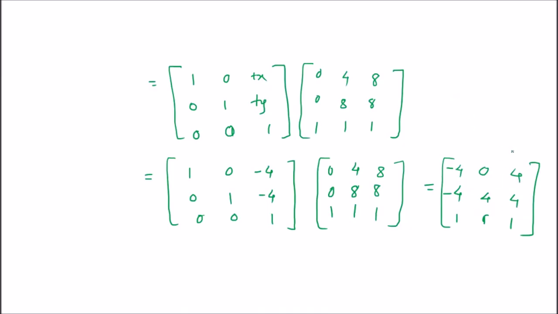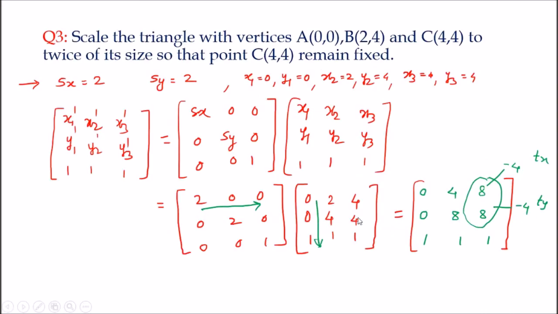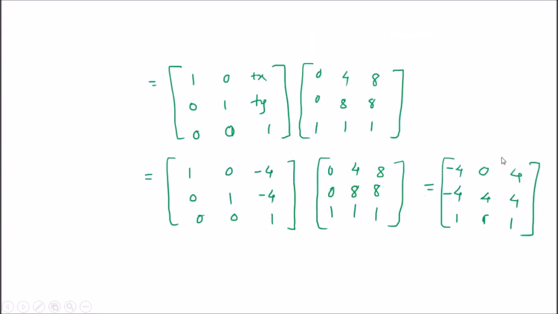So we got the values of A B C after translation: minus 4 minus 4, 0 4, 4 4. This is the answer because we have to keep the C value fixed. C fixed means we must take it back to 4 4, so this becomes 0 4, this becomes minus 4 4, and this becomes 4 4. This is the triangle after scaling by 2 and keeping C 4 4 fixed.